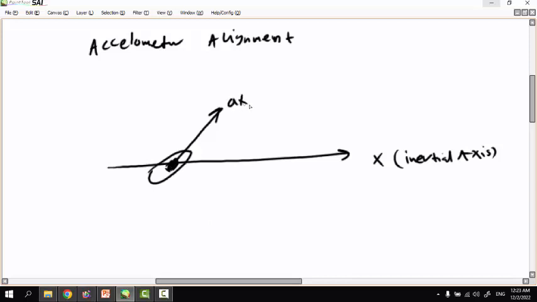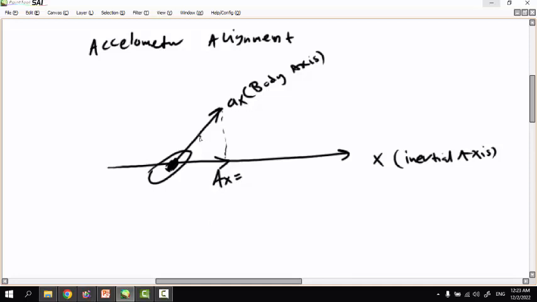This is ax in the body axis. So we need to see this ax in the inertial axis.